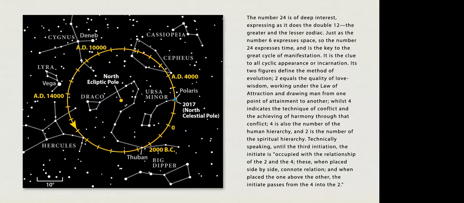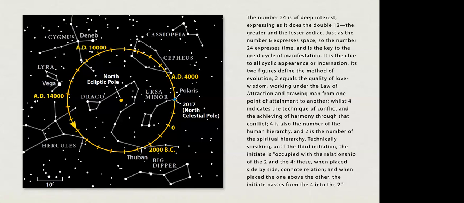It is a clue to all cyclic appearance and incarnation. Its 2 figures define the method of evolution. 2 equals the quality of love-wisdom, working under the law of attraction and drawing man from one point of attainment to another, whilst 4 indicates the technique of conflict and achieving of harmony through that conflict.